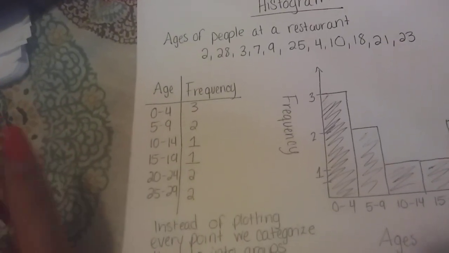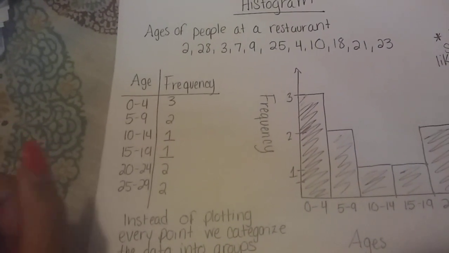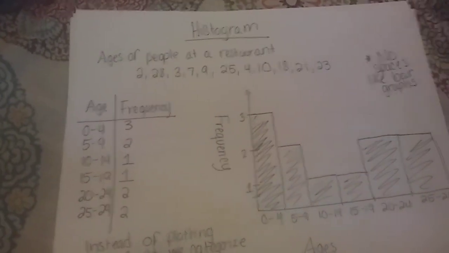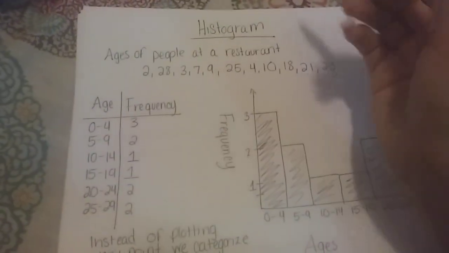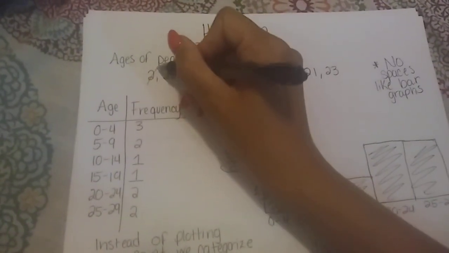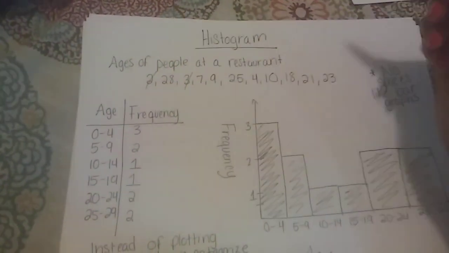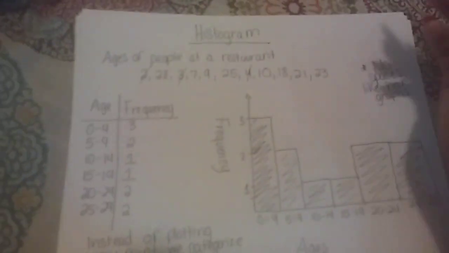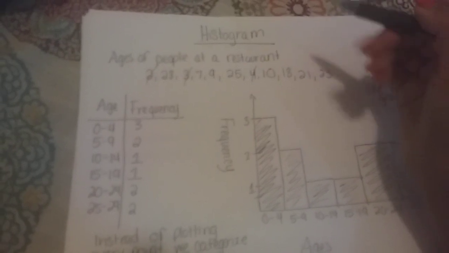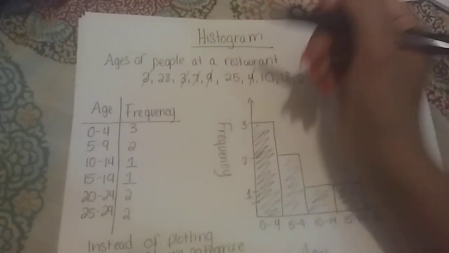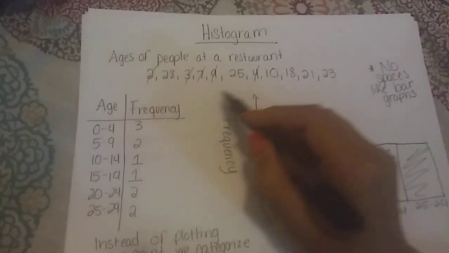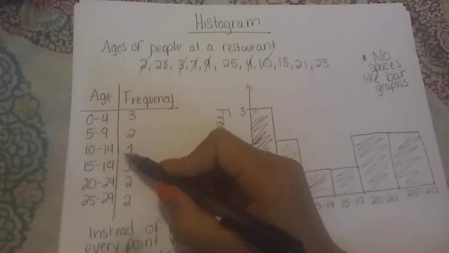Actually, let's cross this out. Between 0 and 4, we said there were 3 people, so that was 1, 2, and 3. We got our 3 people. For 5 to 9, there's 2 people. Let's just make sure: 7 and 9 are between 5 and 9, so that's 2 people. For 10 through 14, we just have 1 person.